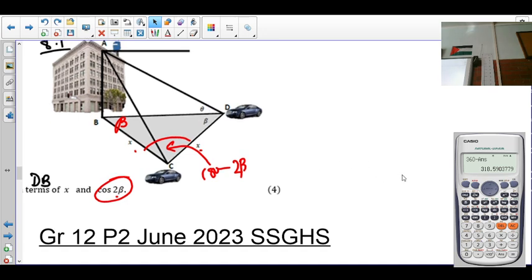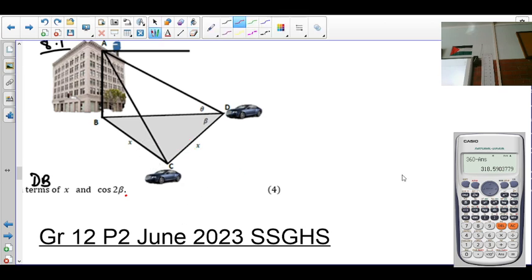The initial layout is still needed. So firstly, DBC is equal to beta, and BCD is equal to 180 minus 2 beta.